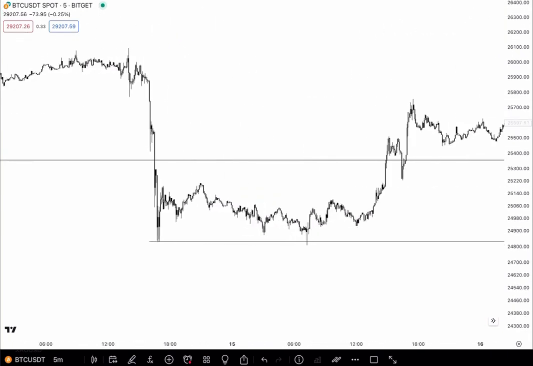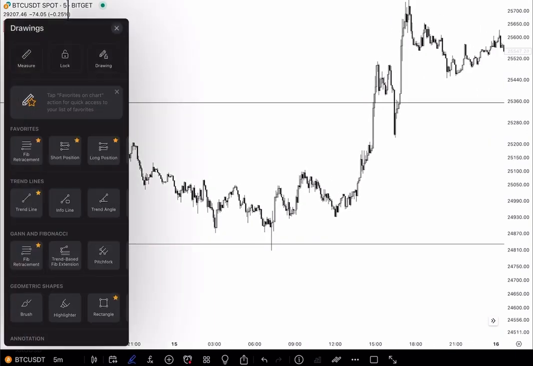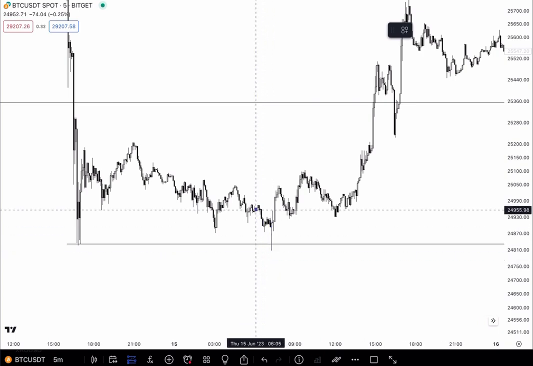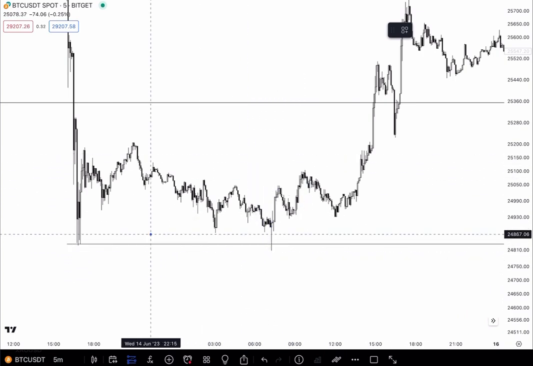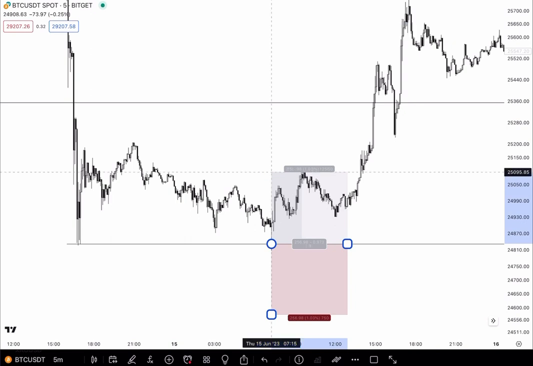When this turtle soup happens, because we know time and price are both fractal, then bingo, I have my entry right here. Even using a blind entry, which I call, if you have the range right, you can use a 1 to 2, 1 to 3, right?